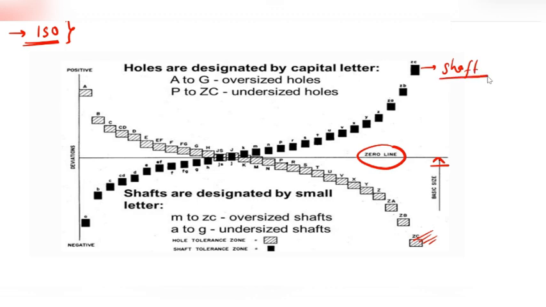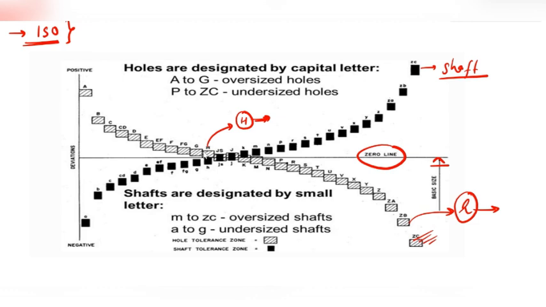There are 28 different sizes of the holes and 28 different sizes of the shaft. Holes are denoted by capital letters, whereas the shafts are denoted by small letters. So small h is the basic and capital H is the basic size of the hole.